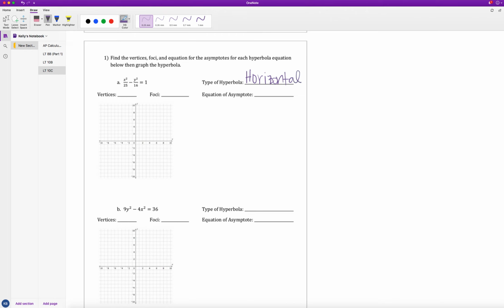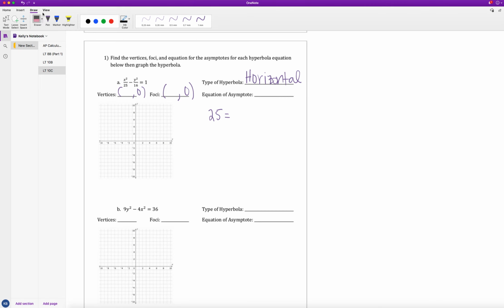The vertices then are going to be x-intercepts, so I'm going to get some number, comma 0, and we'll come back and find that. Likewise, the foci are also going to be x-intercepts since those are both on that axis of symmetry that we have. Using our equation, I know that 25, since it's with my positive value, is my a value, not my b.